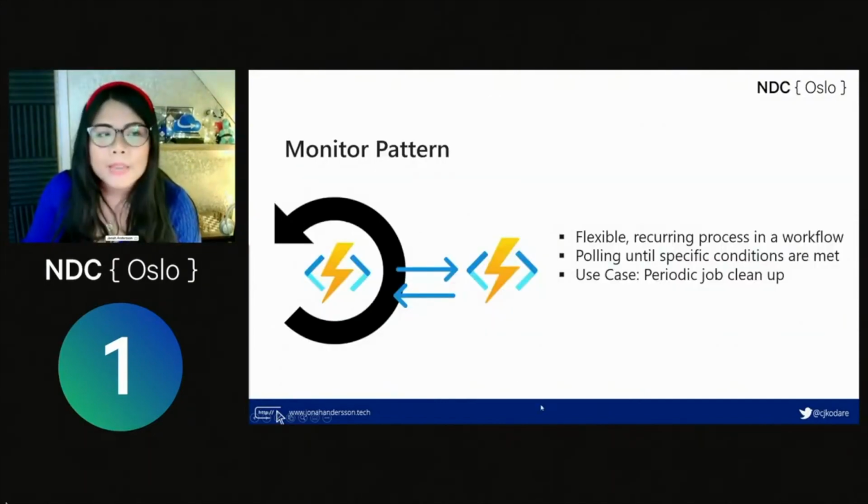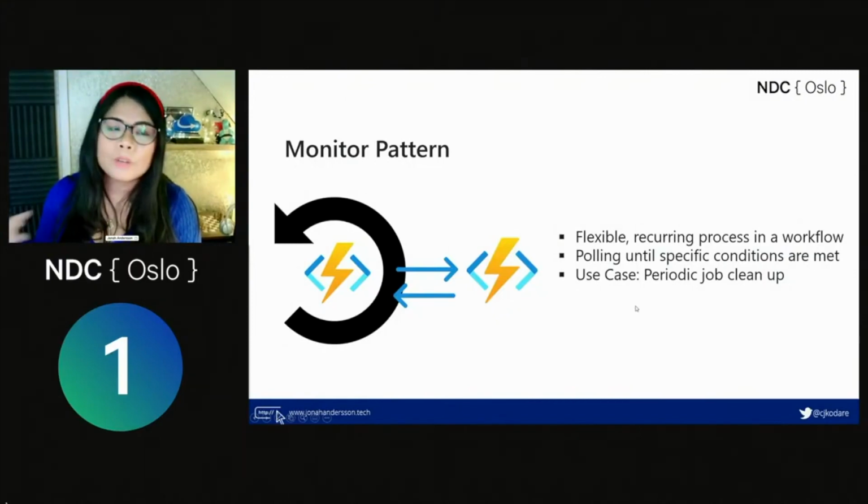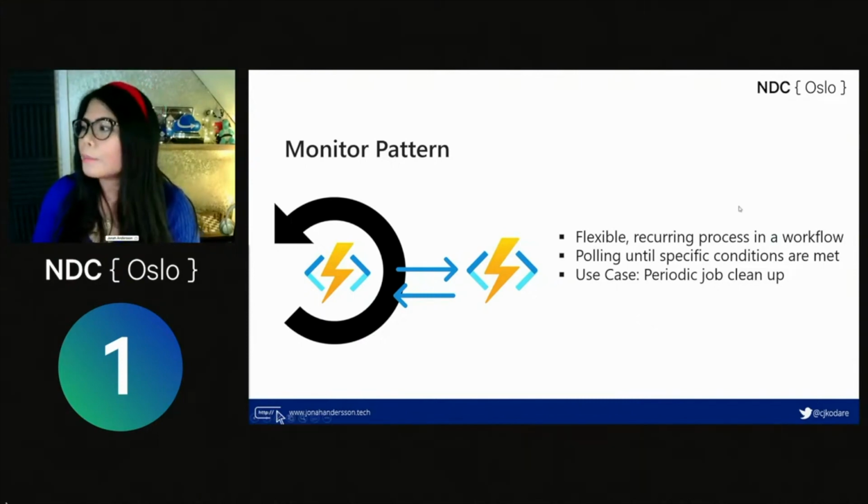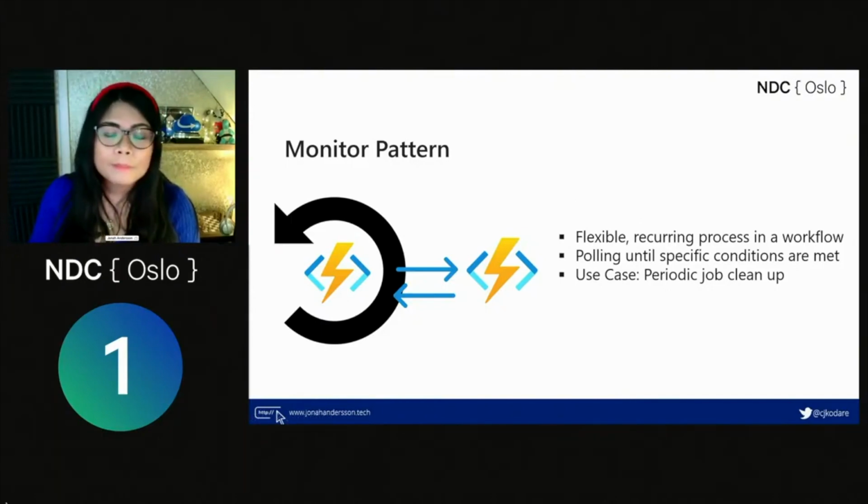And the next pattern is the monitor pattern, which, as the word itself suggests, is commonly used for monitoring, especially polling or monitoring job status or periodic cleanup, for example, where you have a problem or task that you want to do recurring and as a long process.